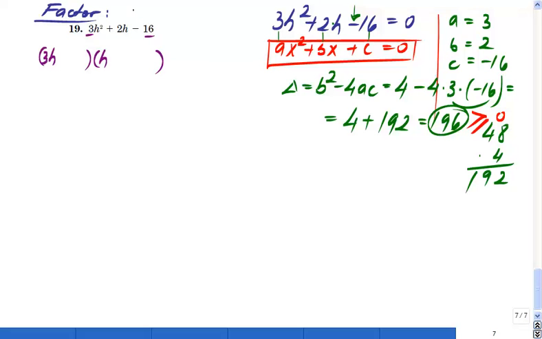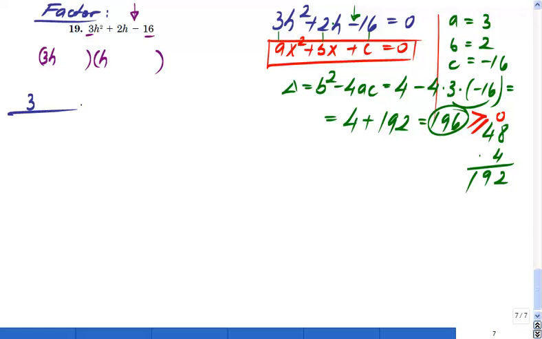Now for the last one, because I have a negative sign, I'm not sure where it goes. I should definitely have a negative in one of them, although the sum of the first degree terms will be positive 2h. I'm still not sure if the negative will go in here or in there. That should take me to the next step.